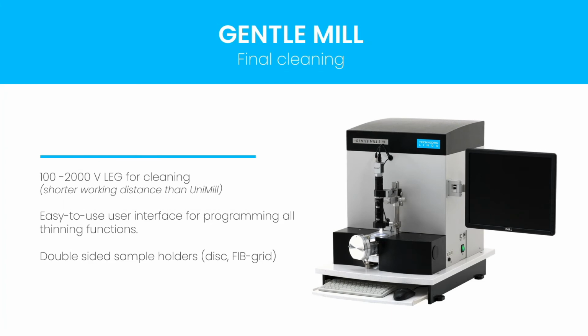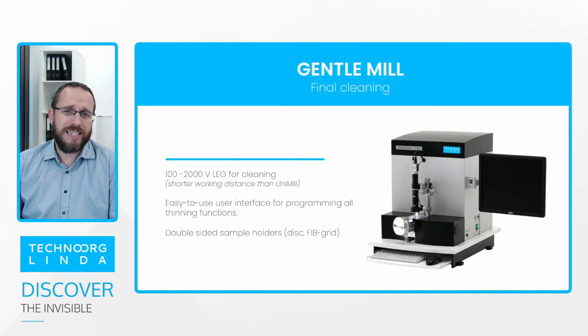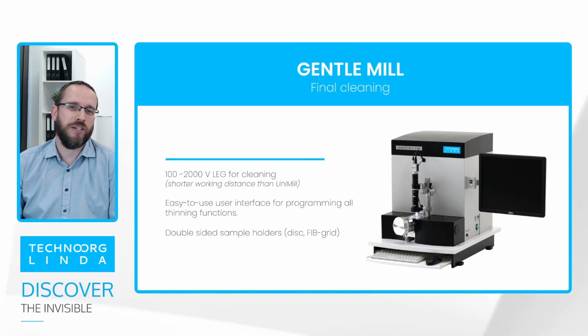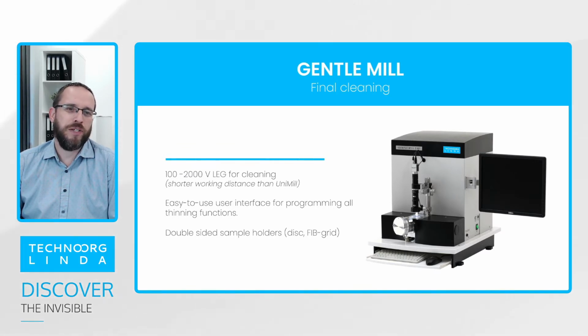So the dedicated machine to do this process is the Gentle Mill. Of course, the UniMill also has a low energy ion gun integrated, so you can do it with that as well. But this is the dedicated machine for this job, with a low energy gun operating from 100 volt to 2000 volt.